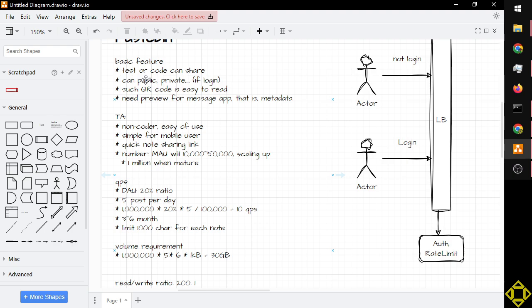And if people are not logged in, we will store in the public storage database. What do you think? That is, we have two sets of DB. One is public, another is for logged-in users.